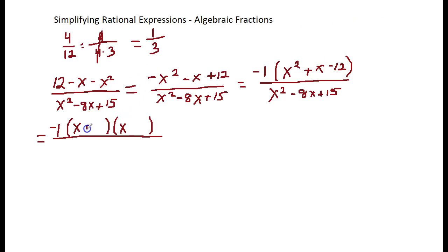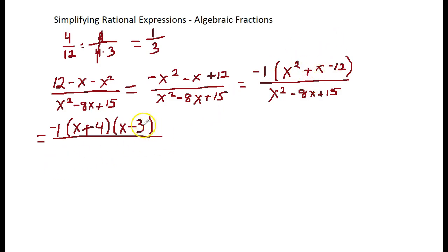So one of these has to have a plus, the other has to have a minus. Now, numbers that multiply to give you a negative 12, but when you add them together, you get positive 1 are going to be positive 4 and negative 3, because positive 4 times negative 3 makes negative 12, and positive 4 plus negative 3 gives you positive 1.